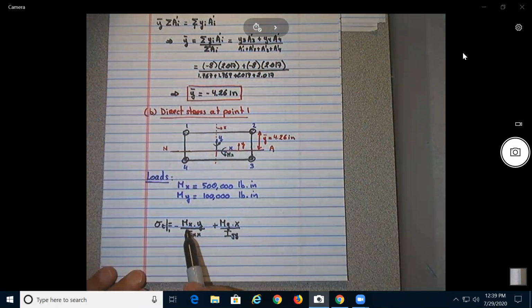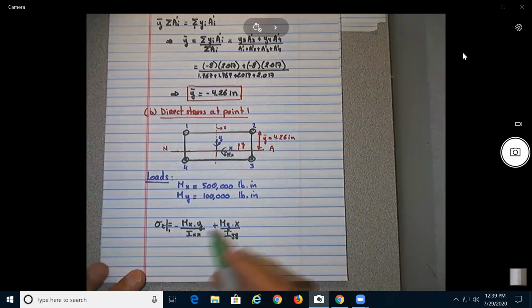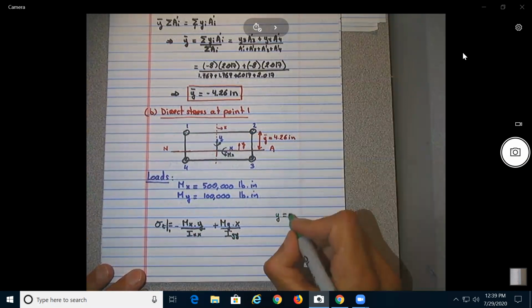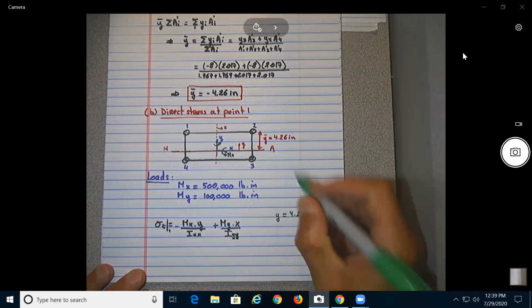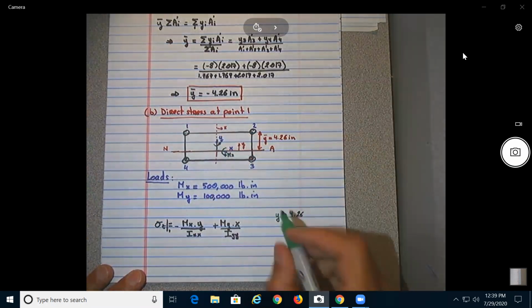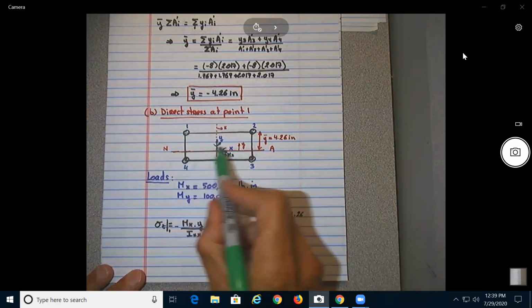Okay, so we know mx. In this equation, we know mx is given. What would be y? That distance here, no, from the neutral axis to 1 is 4.26. And what will be x? Half of the length.